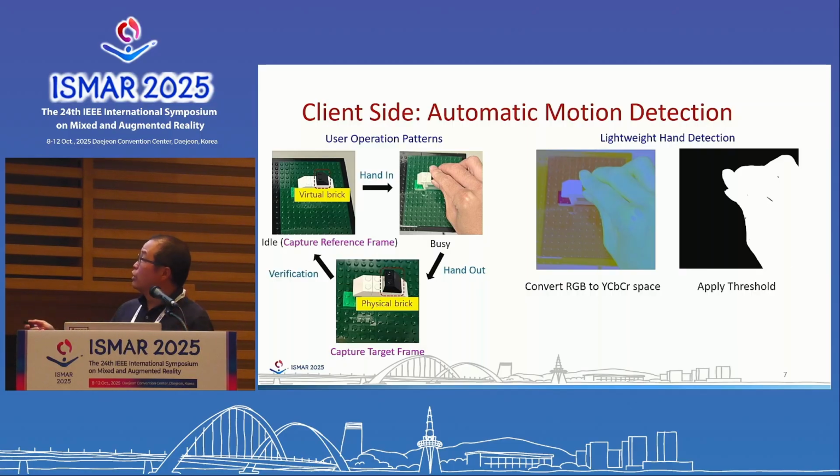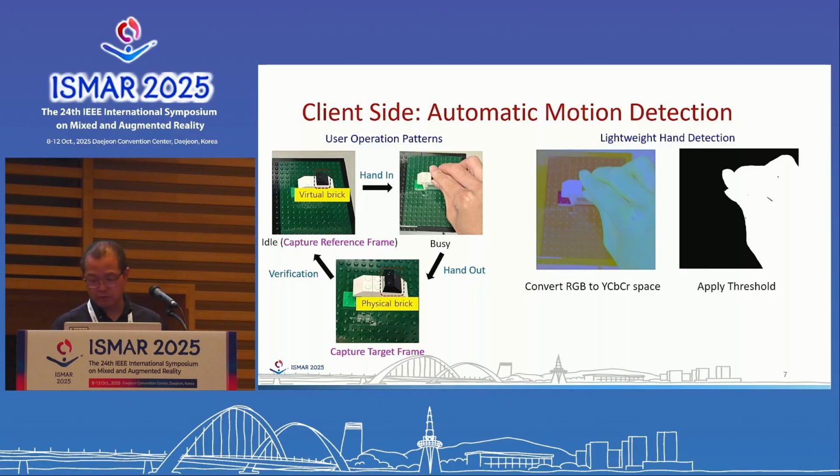For the virtual brick we capture the left frame, and then we detect when the hands move out, and then we capture the target frame consisting of the physical brick. This is just a lightweight hand detector, so you can refer to my paper for details.